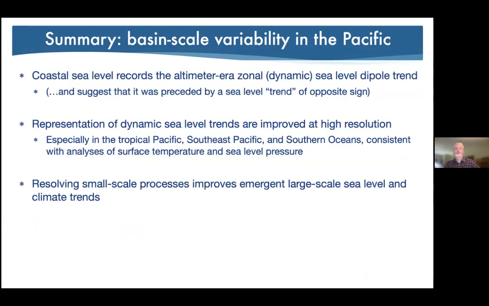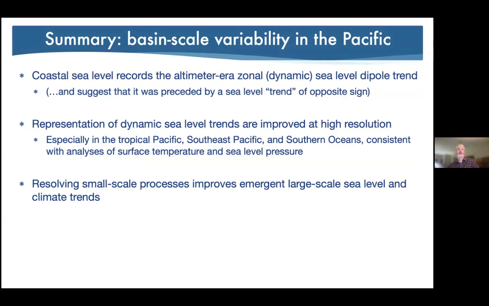Okay, so this second case study is really focused again on basin scale variability in the Pacific, showing a couple of different things. First of all, that coastal sea level seems to record that large scale trend in the altimeter era sea level dipole. It also suggests that there might have been a trend in the opposite direction if you go back further in time.